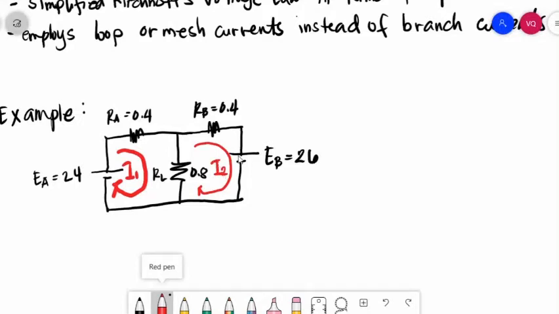Okay, now what we will do here is assign the polarities on our resistances. So we have here positive, negative, and as you can see here at the middle, we have two loop currents acting on RL. So we take this positive, negative here, and the other side is negative, positive.